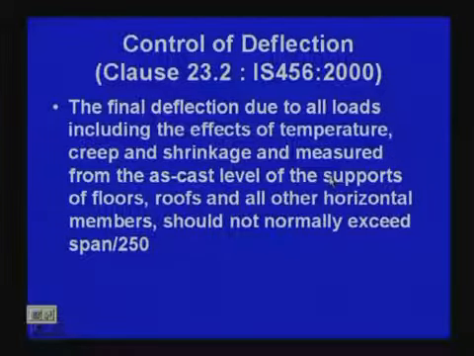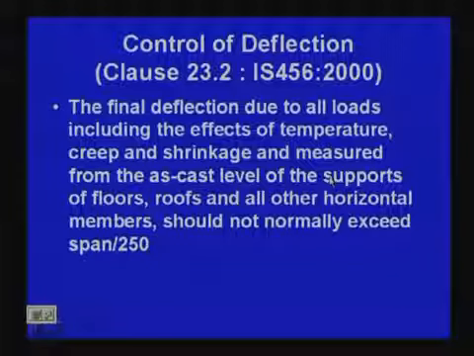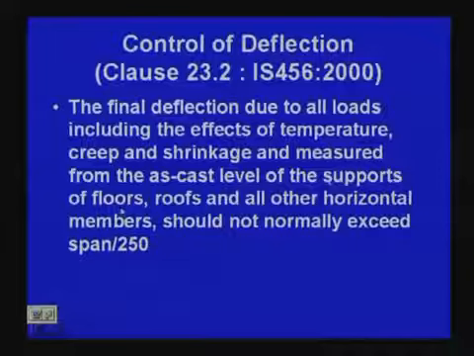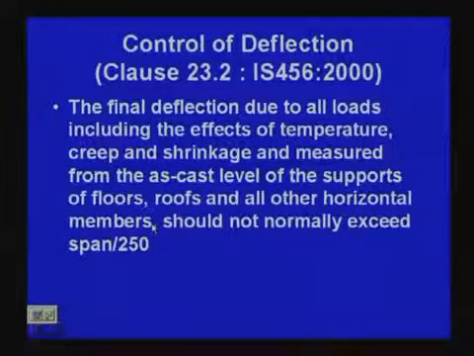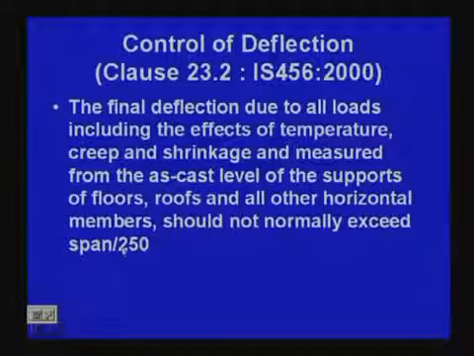You can take one benchmark point, that is the support of one of the floors or roofs, and all other horizontal members should not normally exceed span by 250. It should not exceed span by 250.